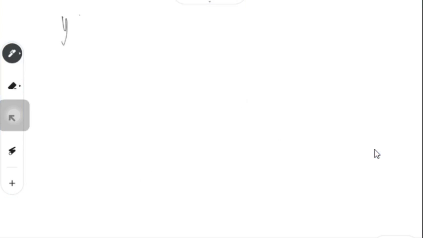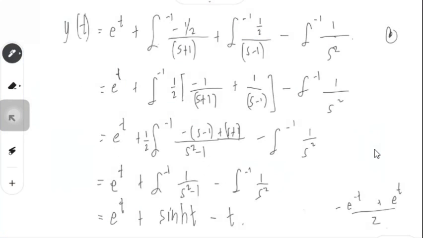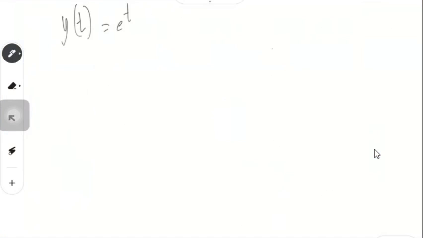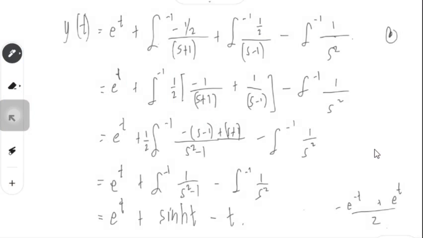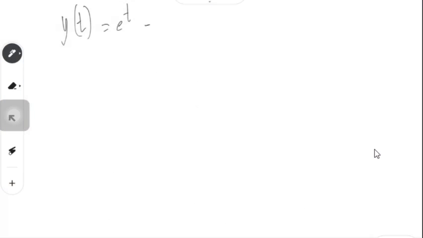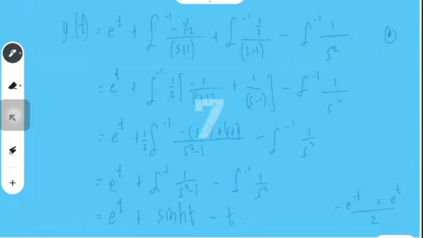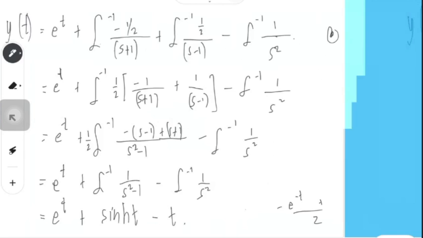So, y as a function of t, we have the e to the t, then plus, tama, factor out ko na yung 1/2. Minus 1/2, the inverse Laplace transform of 1 over S plus 1.